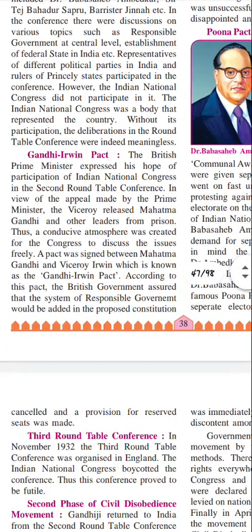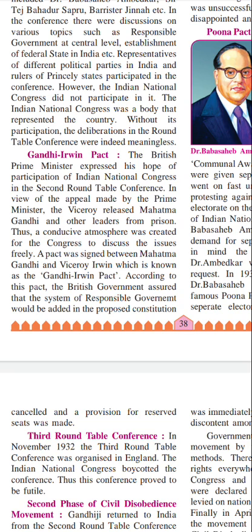Gandhi-Irwin Pact. The British Prime Minister expressed his hope of participation of the Indian National Congress in the second Round Table Conference. In view of the appeal made by the Prime Minister, the Viceroy released Mahatma Gandhi and other leaders from prison. Thus, a conducive atmosphere was created for the Congress to discuss the issues freely.